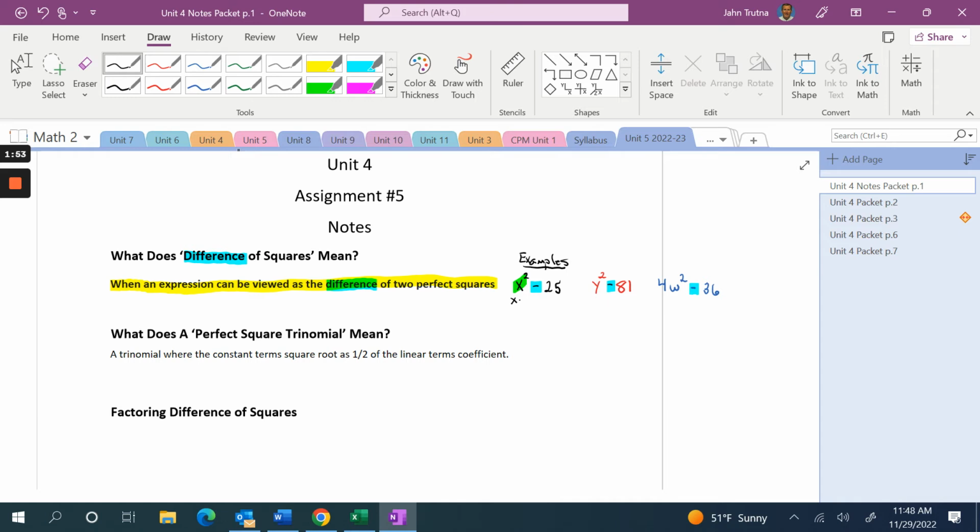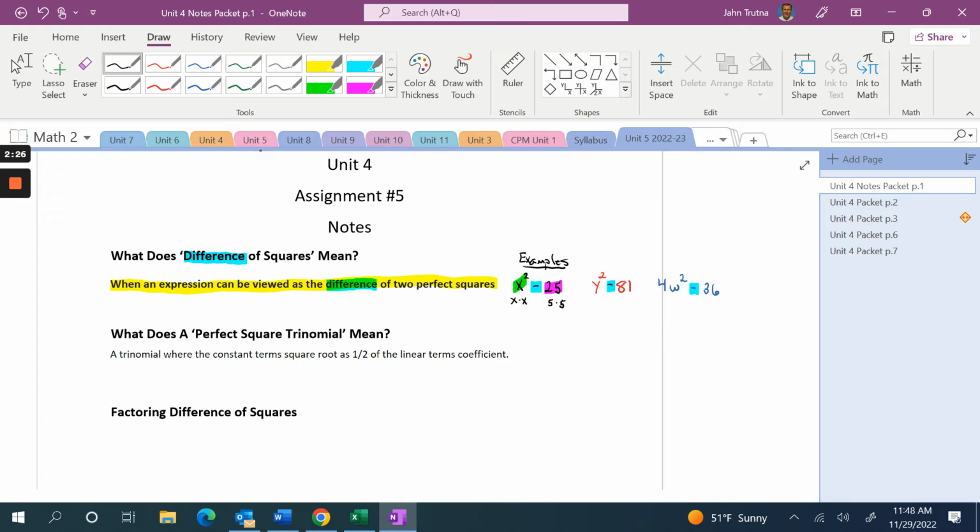So notice x times x is x squared. And the second term will always be the result of something multiplied with itself. 5 times 5 is 25. So that's what it means in the definition: an expression that can be viewed as the difference of two perfect squares. A perfect square like x squared and 25 is the result of some number or some variable being multiplied by itself.